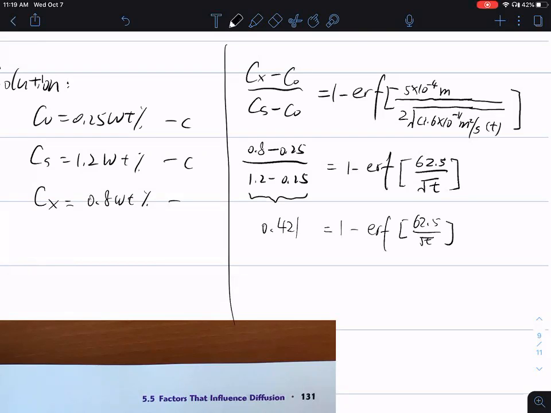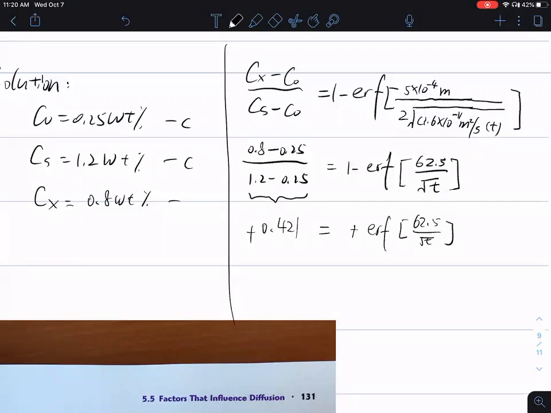Yeah, that 0.421 is already the number plus minus 1, so that's right. Once you simplify everything, you get this equation. The error function equals a constant, which is 0.421.